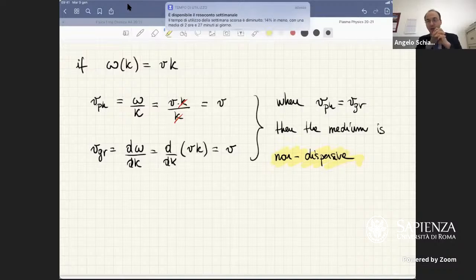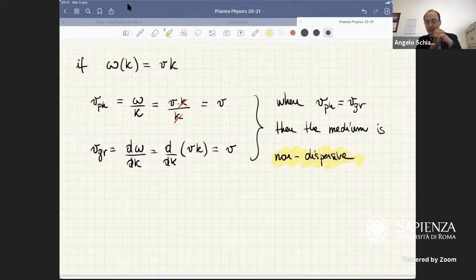But actually, what is oscillating in vacuum is not matter. They are not particles. They are not gases. But it is the electric and magnetic field that you just had a brief overview of in the MHD equations and so on. So what is propagating in vacuum is an electromagnetic wave, which we call light. And the vacuum for light is a non-dispersive medium.